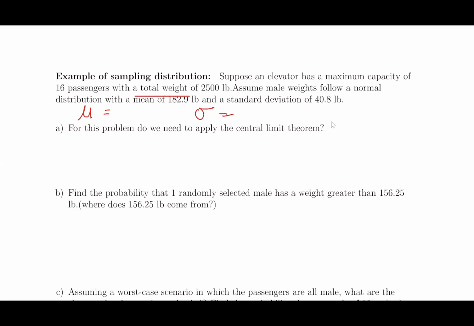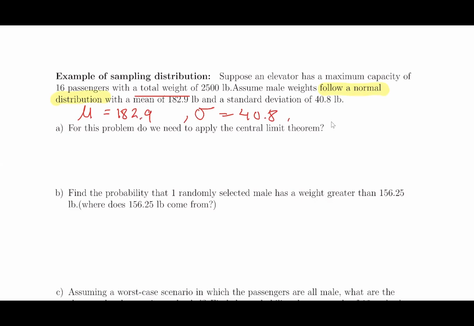Thank you, Victor. What about our sigma? 40.8. Yeah, 40.8. And do they tell us the distribution is normal? Yes. Cool.